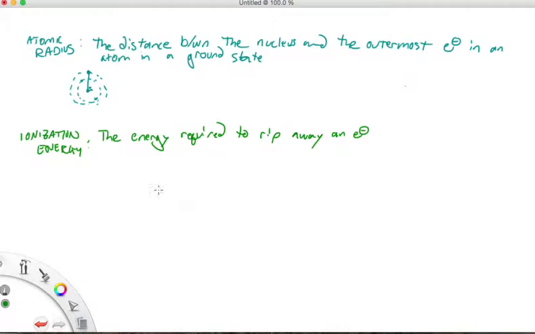There's something we call first ionization energy and second ionization energy. When I say ionization energy, I'm just talking about the first one. That's the first electron that you remove.